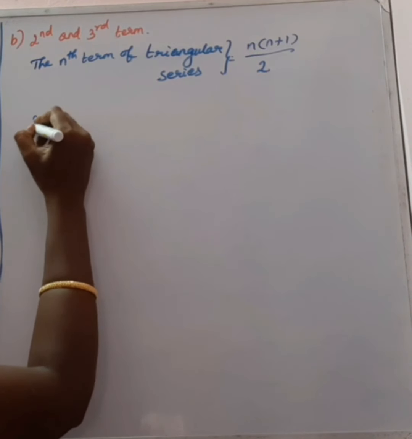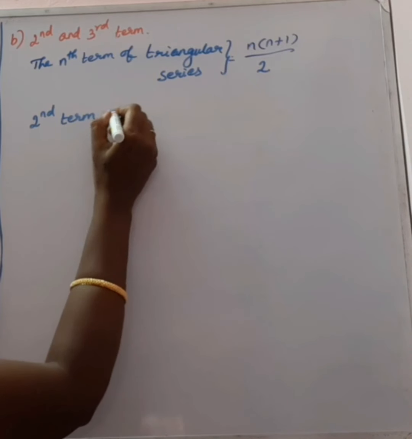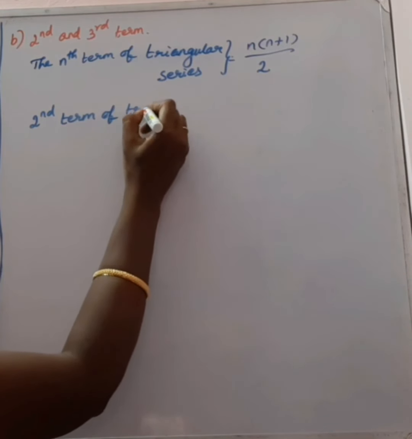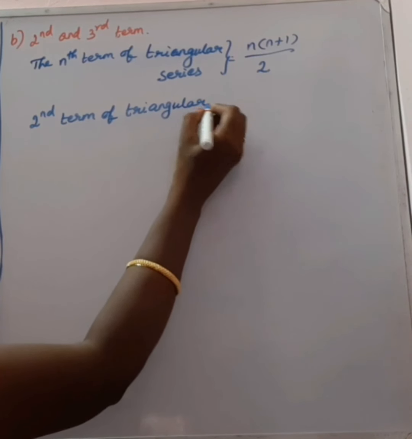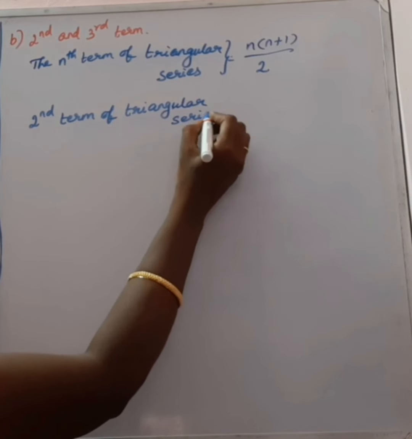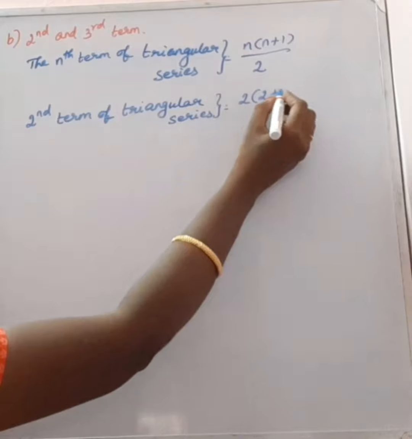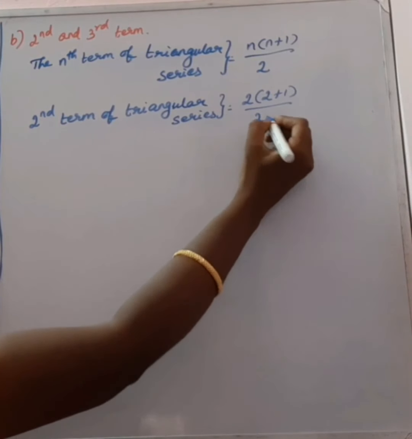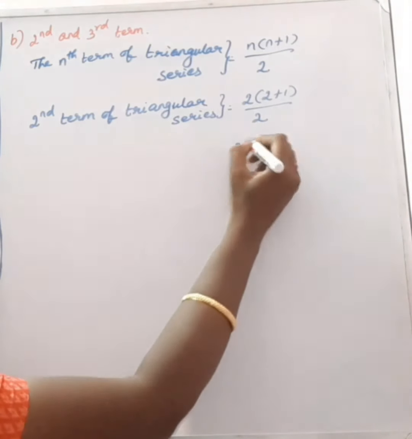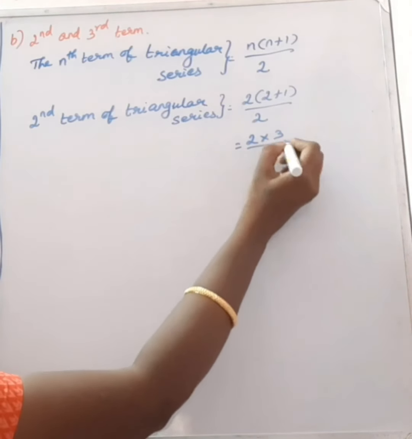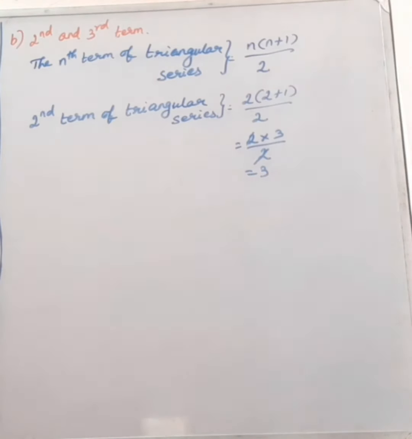Here what is the first one? Second term of triangular series is equal to 2 into 2 plus 1 by 2, because the n value is 2. So 2 into 3 by 2. 2 and 2 cancel. So the answer becomes 3.